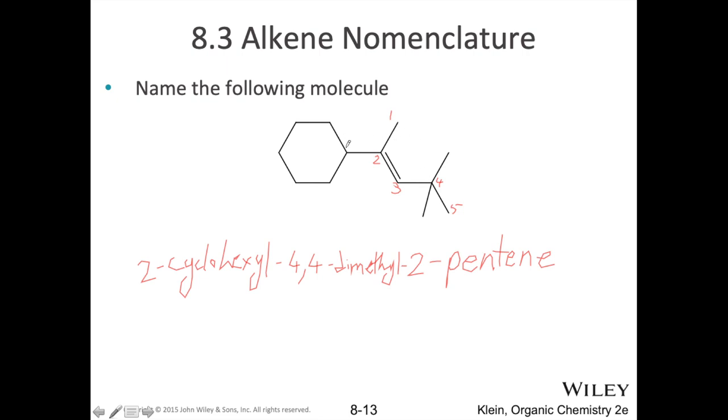We'd have to assign priorities to the 4 groups we have attached here, and accordingly list whether it's E or Z. So for now, I'll just point out that this is going to be an E isomer, but I'll explain what that is and how to do that later.